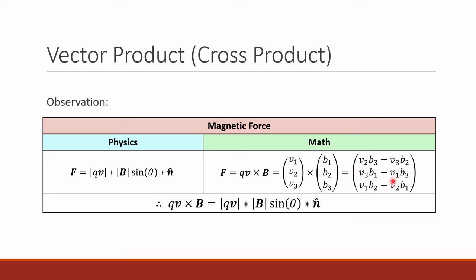This new vector has these properties: its magnitude is the mod of QV, that means the length of QV, times the length of B times sine theta. And the direction is perpendicular to both V and B. So this is what we can observe.